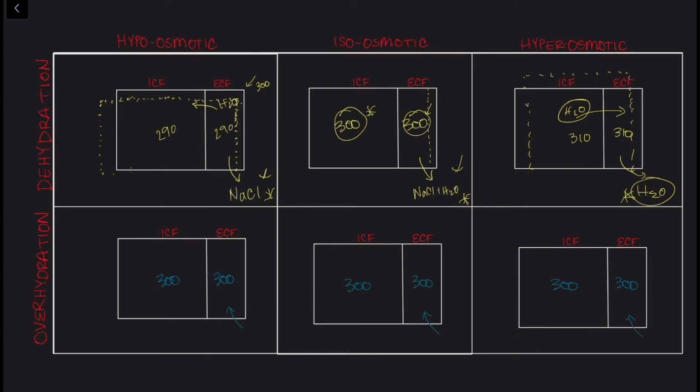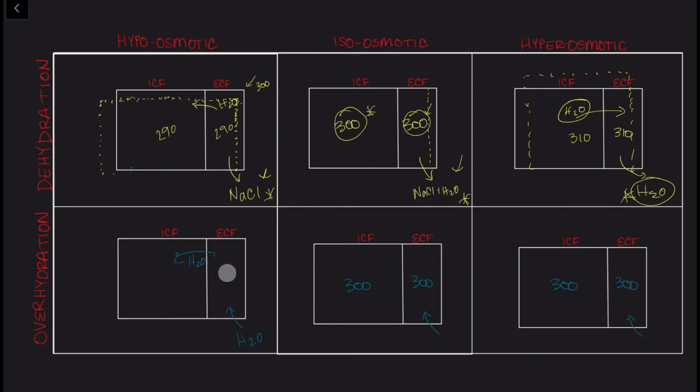Moving on to hypoosmotic overhydration, and if you guys recall, we have to be adding something here. In order to make it hypoosmotic, you're going to have to actually be adding water. Whenever we add water, again, it's going to be hypoosmotic, so maybe now it's about 280. Water is going to shift from low osmolarity to high osmolarity.